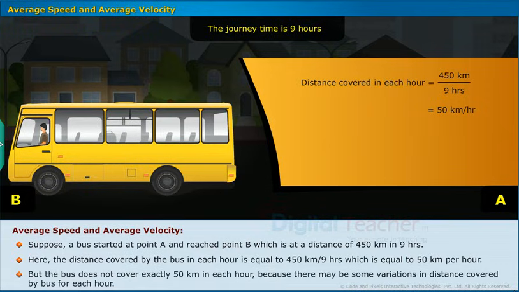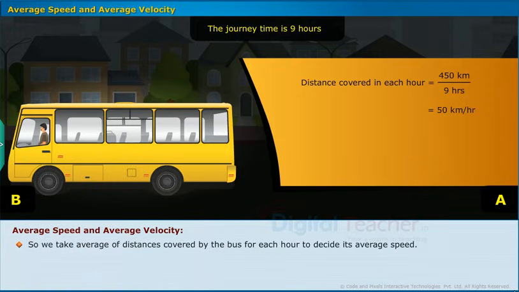But the bus does not cover exactly 50 kilometers in each hour, because there may be some variations in distance covered by the bus for each hour. So we take the average of distances covered by the bus for each hour to decide its average speed.